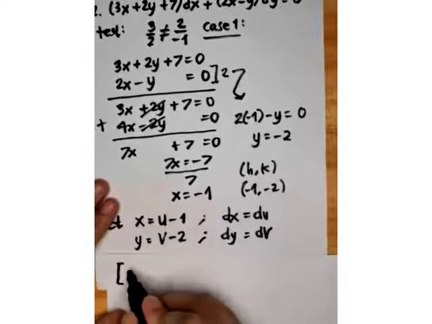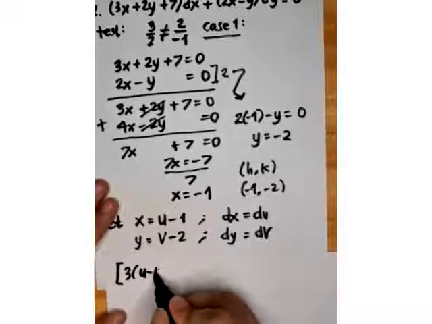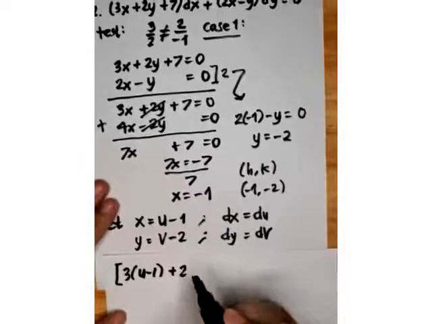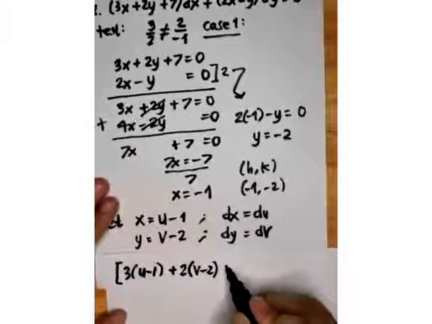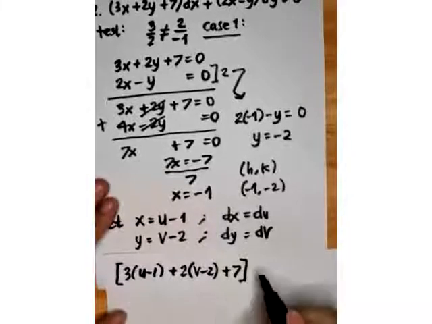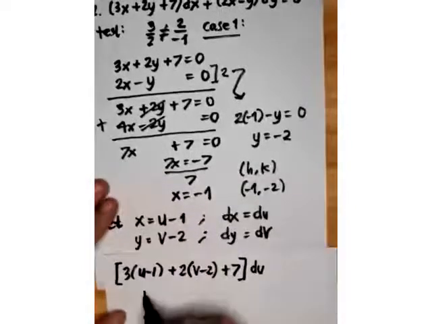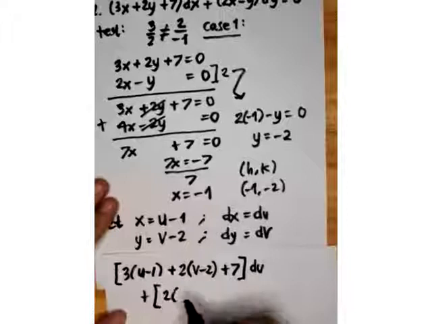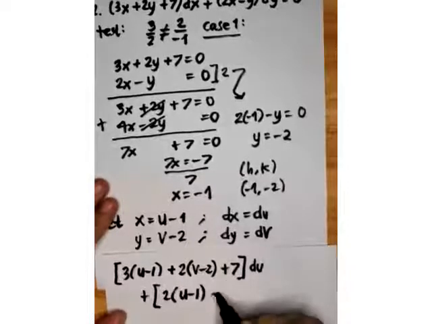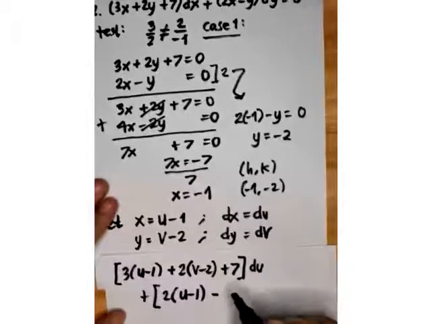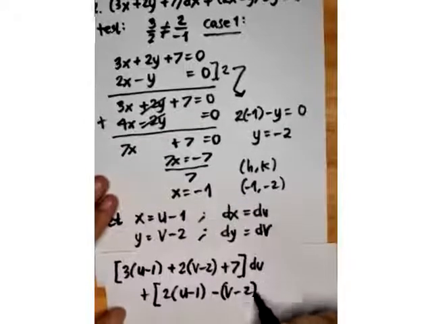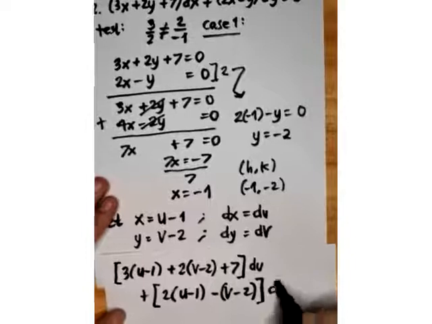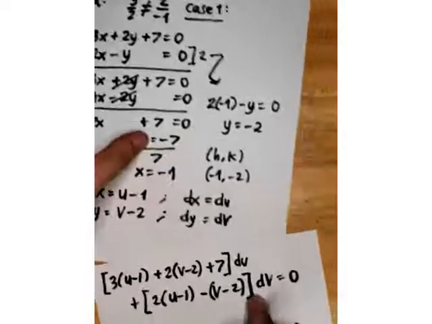Quantity 3 times u minus 1 plus 2 times v minus 2 plus 7 du plus quantity 2 times u minus 1 minus v minus 2 dv is equal to 0.